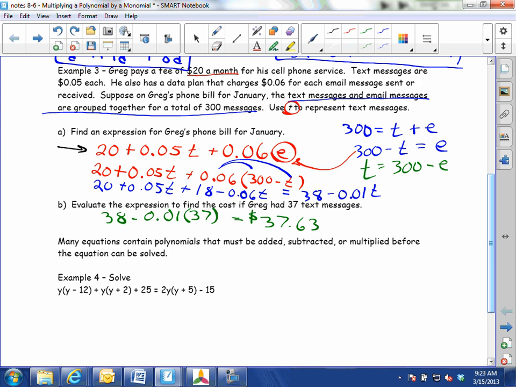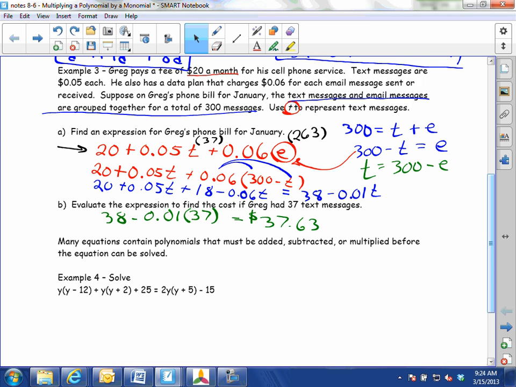Okay, so if we had 37 texts, how are we going to figure out how many emails we got? 300 minus 37. So what's 300 minus 37? 263. So that's the emails, right? And text was 37.